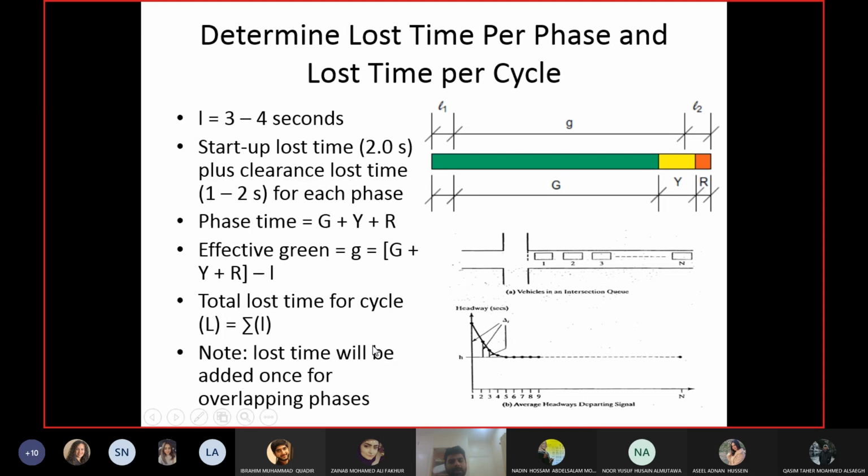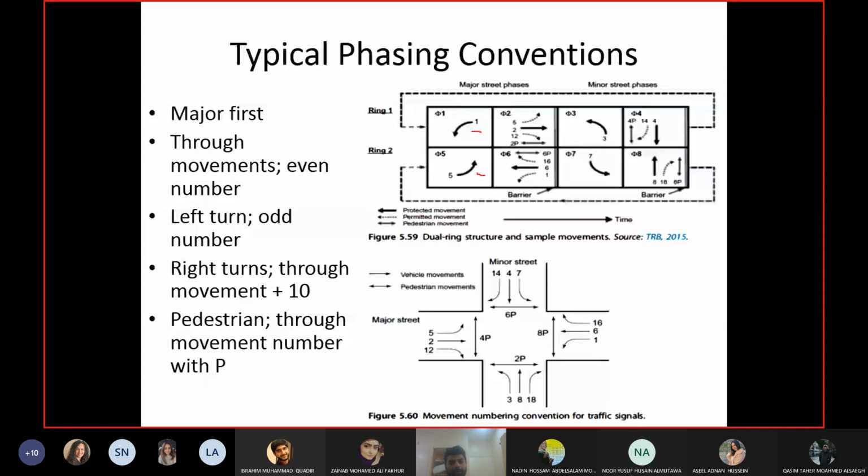Now sometimes you can have overlapping phases. In that case, you will add the lost time of only one of the phases. For example, see this one, this is overlapping phases. Phase 1 and phase 5, they are overlapping. They are happening at the same time. So I will not add the lost time for this phase and this phase. I will take one of them.